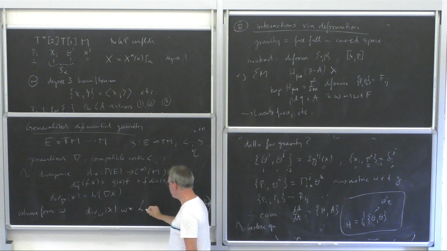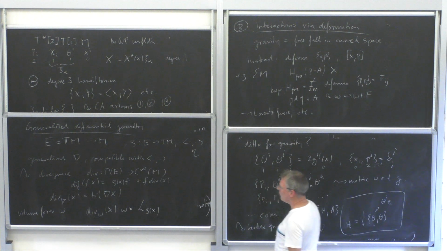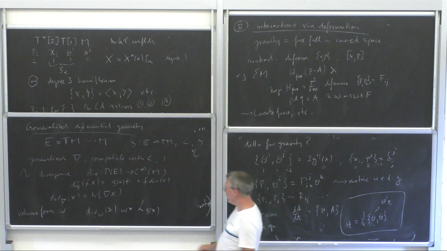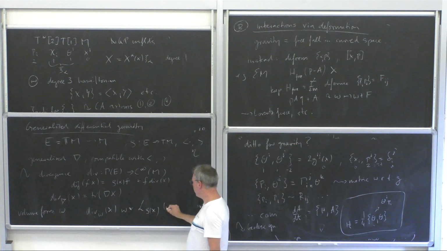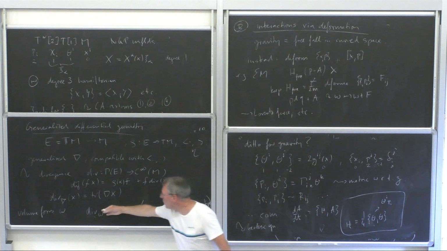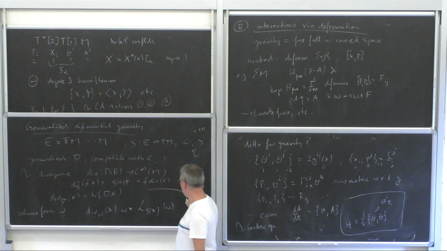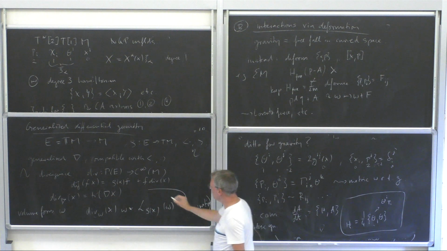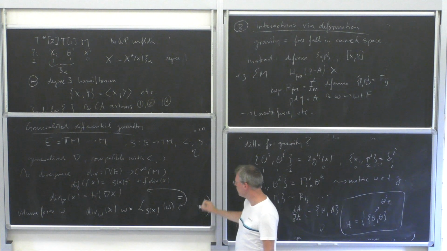We take the Lie derivative along the vector field that you get by applying the anchor map to x of the volume form. And well, if you have a volume form, you might as well ask these two things to be equal as one of the conditions.